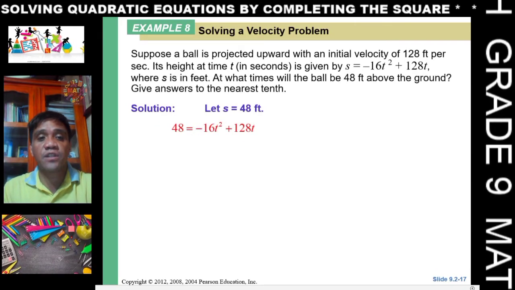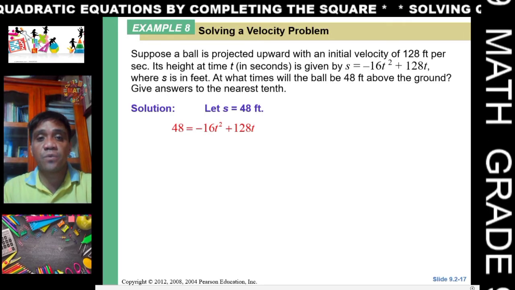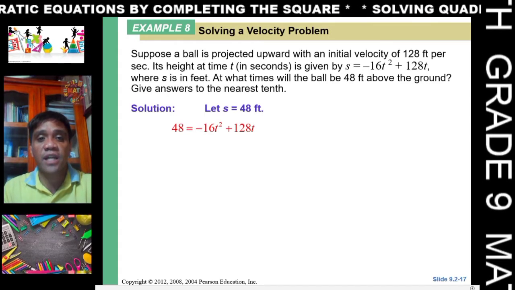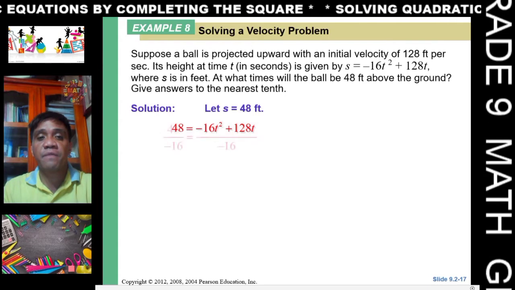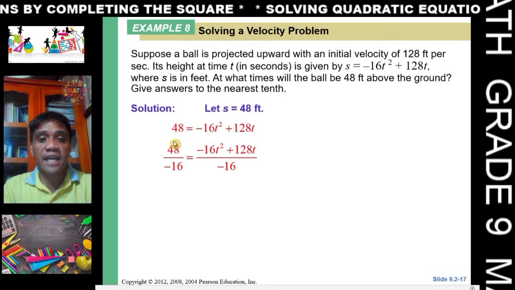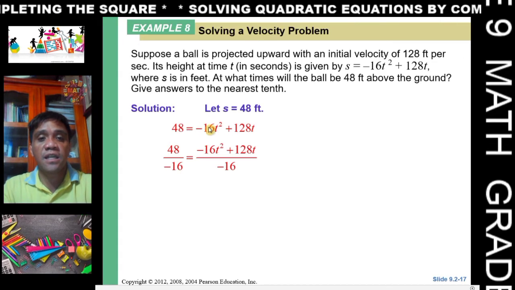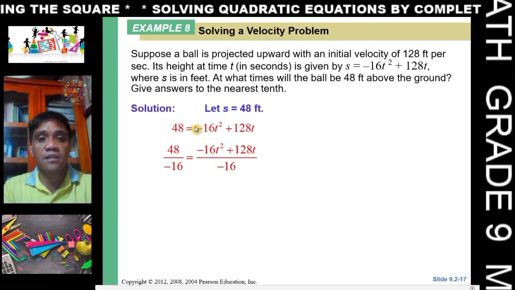From that, we have 48 is equal to negative 16t squared plus 128t. We're going to divide both sides by negative 16 because the numerical coefficient of the second degree term, which is the quadratic term, is negative 16.